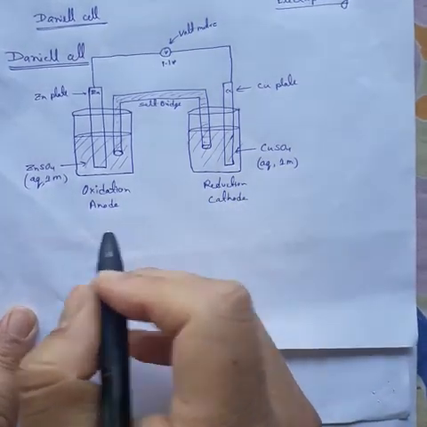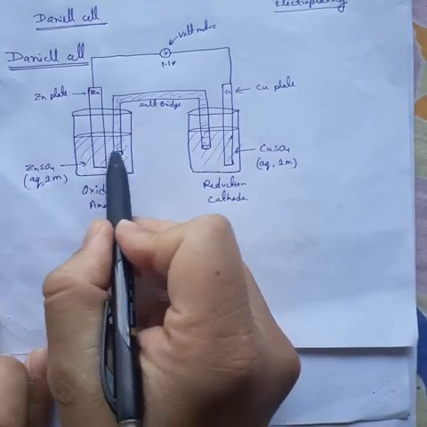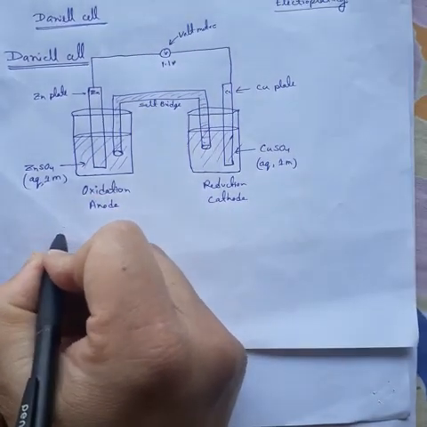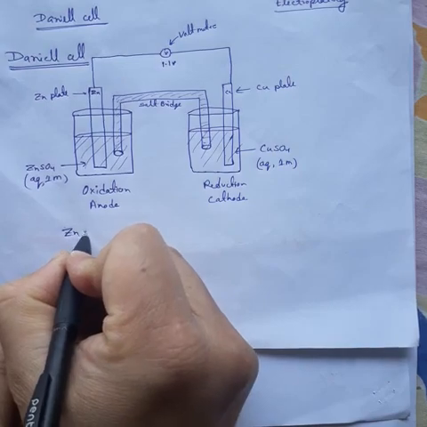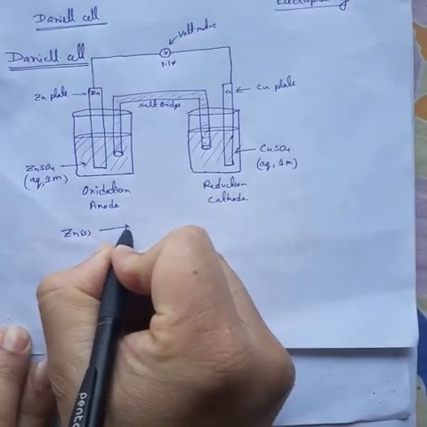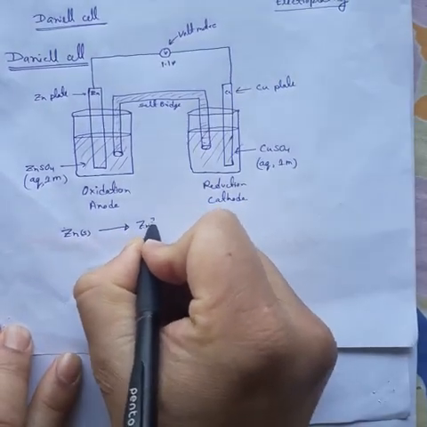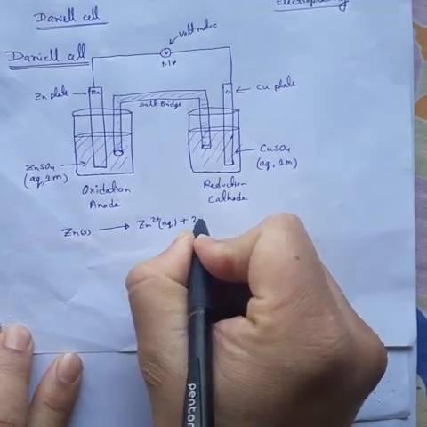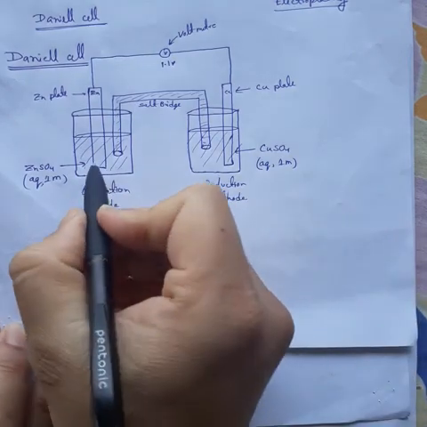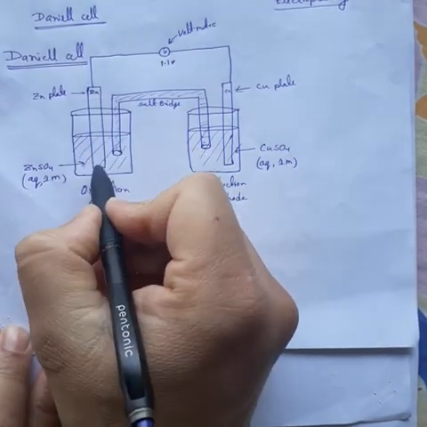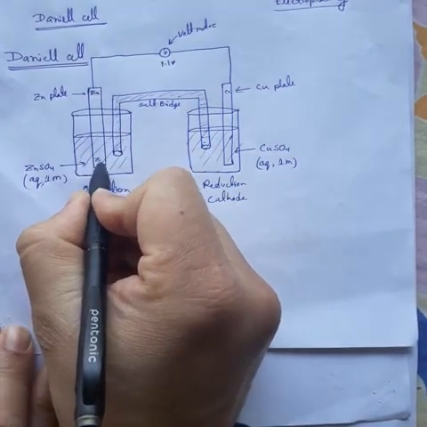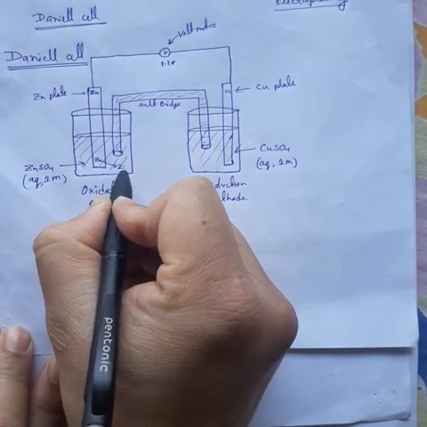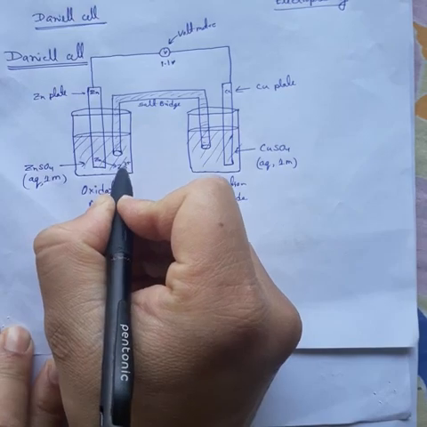So what is actually happening inside is that solid zinc is converting into Zn2+ ion aqueous plus 2 electrons. From the pure metal zinc, zinc ion is coming out into the solution as Zn2+.